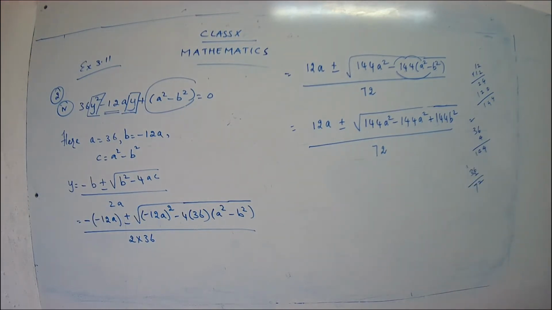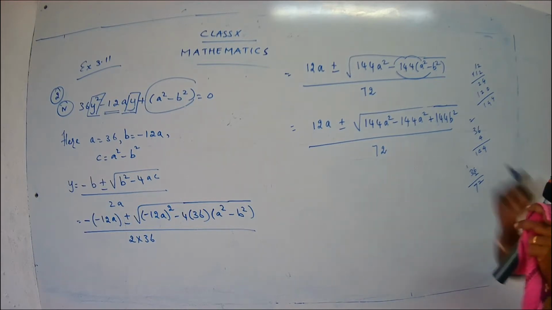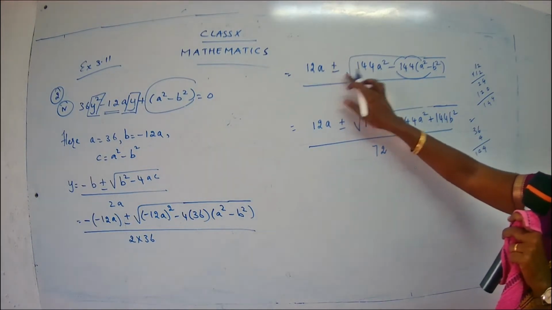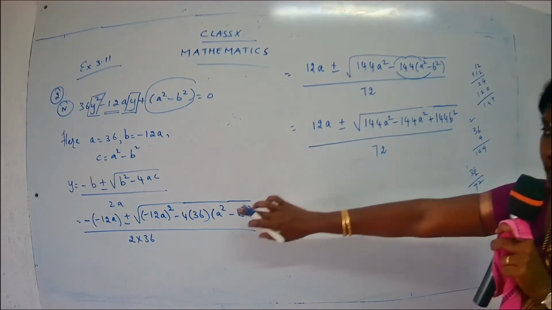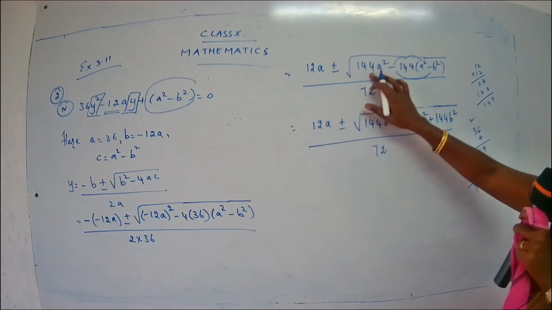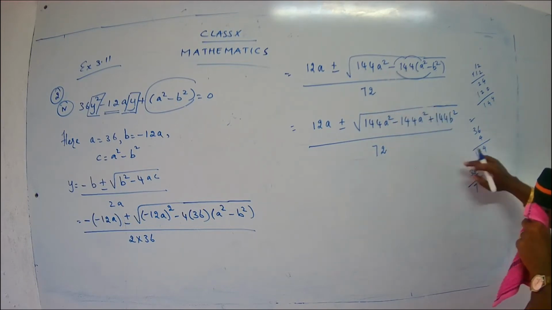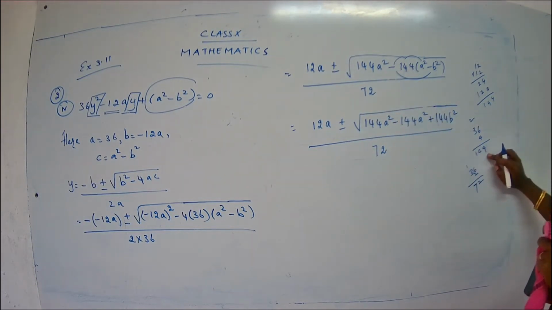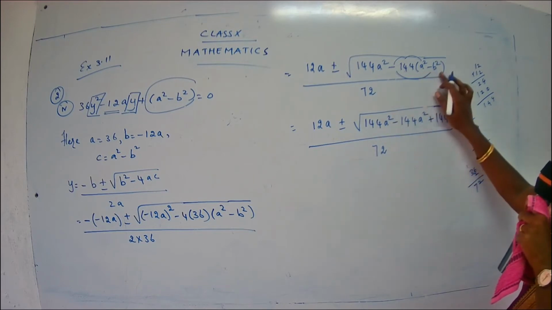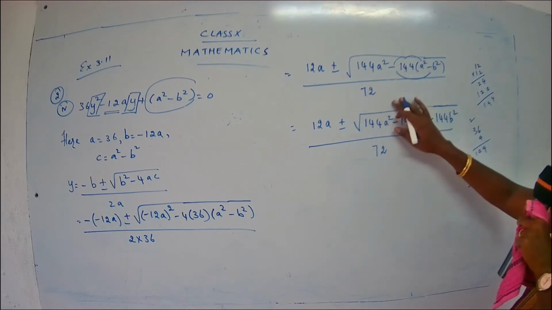Is it clear, children? I hope you are clear with the step. Shall I do the explanation once again? Okay, let's see here. So 12a plus minus, minus minus plus, 12 12s are 144 a square, minus 4 into 36, 144 a square minus b square upon 72.